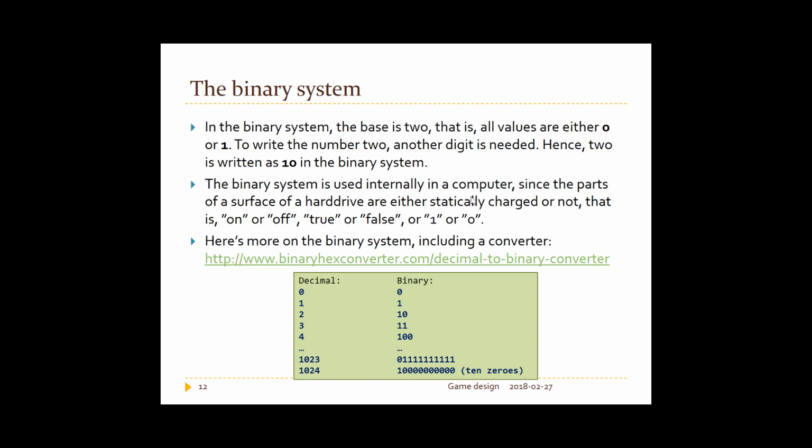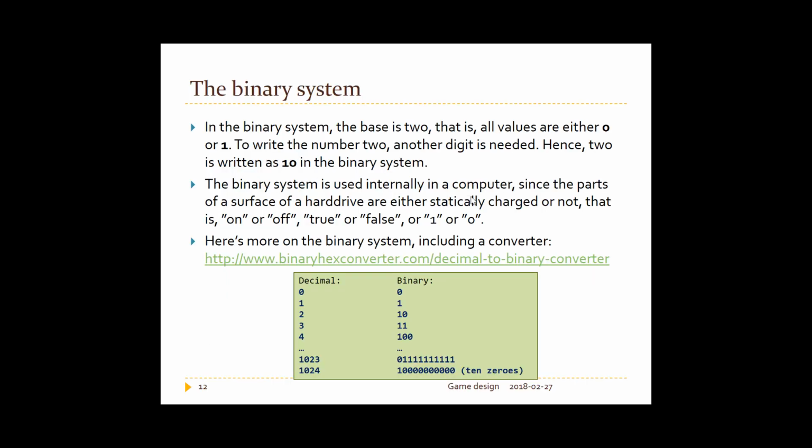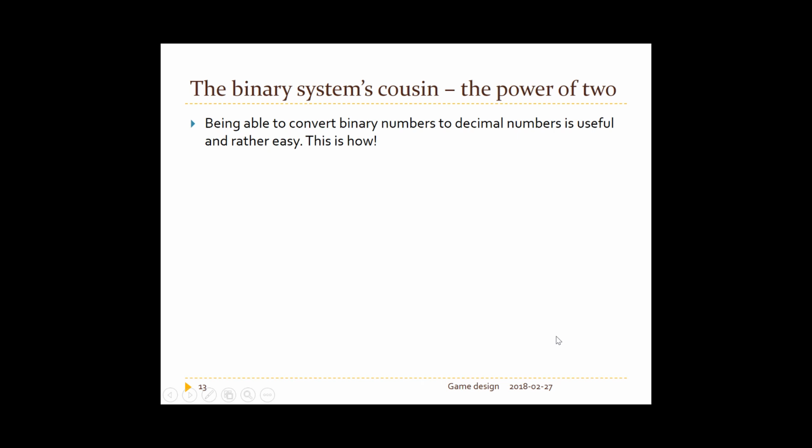And that is the reason why everything is built on the power of 2 on a computer, which is also reflected, as I show you here, on the USB drives. Note also that if you get to roughly 1000, or 1024 here, you get 10 zeros in binary. And this is of interest. It's just by chance, but it's really interesting, and it's really lucky that it looks that way.